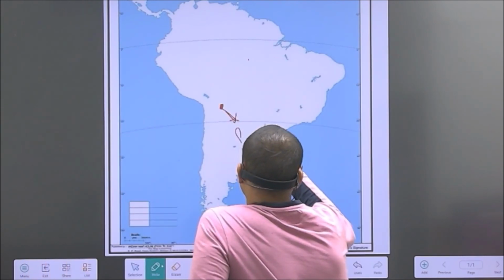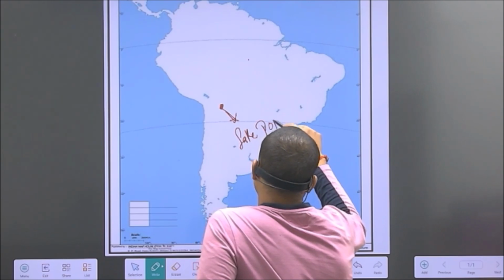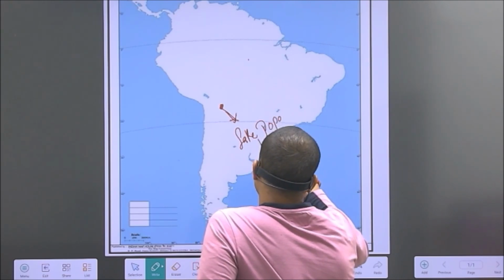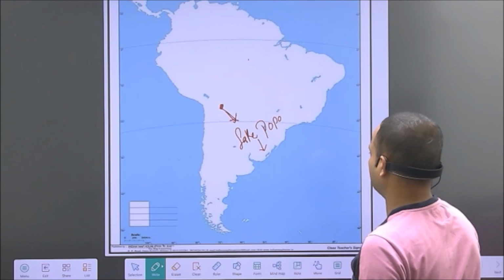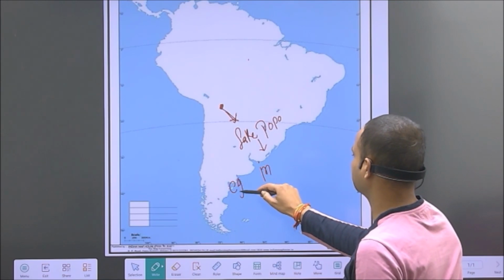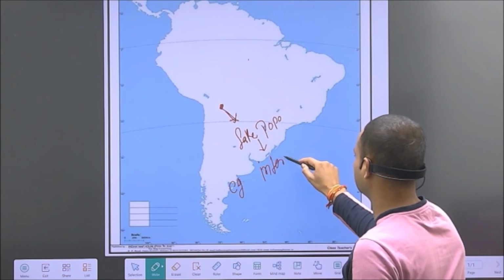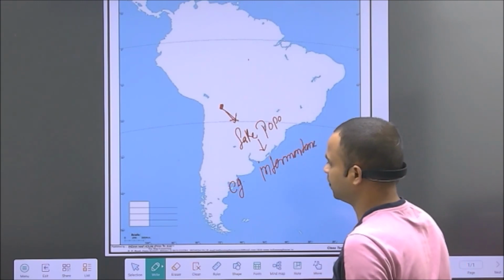In this place you can see Lake Poopo. It is an example of intermontane.